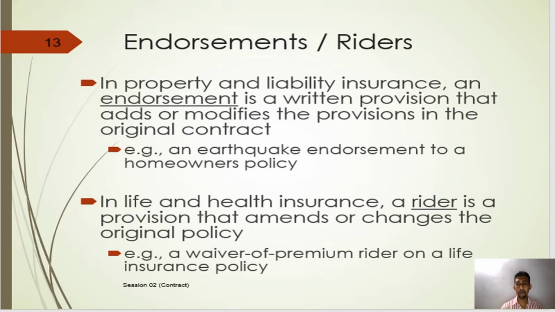And also another key element that we see is endorsements and riders. Endorsements and riders are simply a set of new provisions or additions that we connect to the insurance policy or remove from the insurance policy in terms of the scope and the risk. For example, you can add an earthquake risk endorsement to the existing homeowners policy.